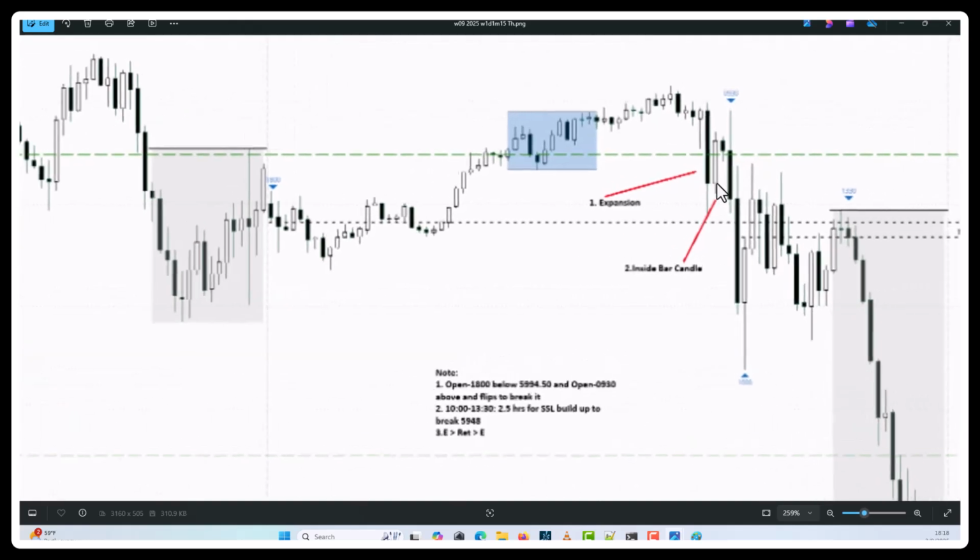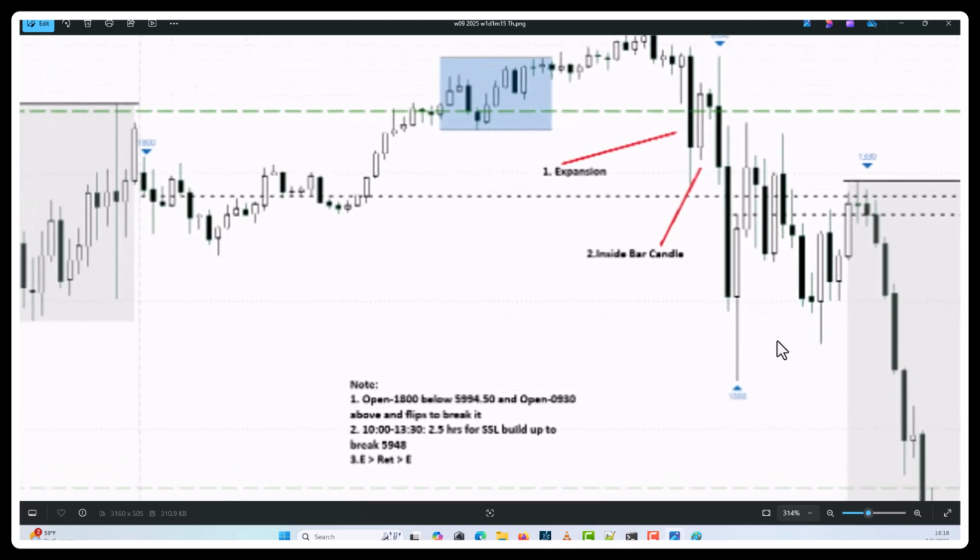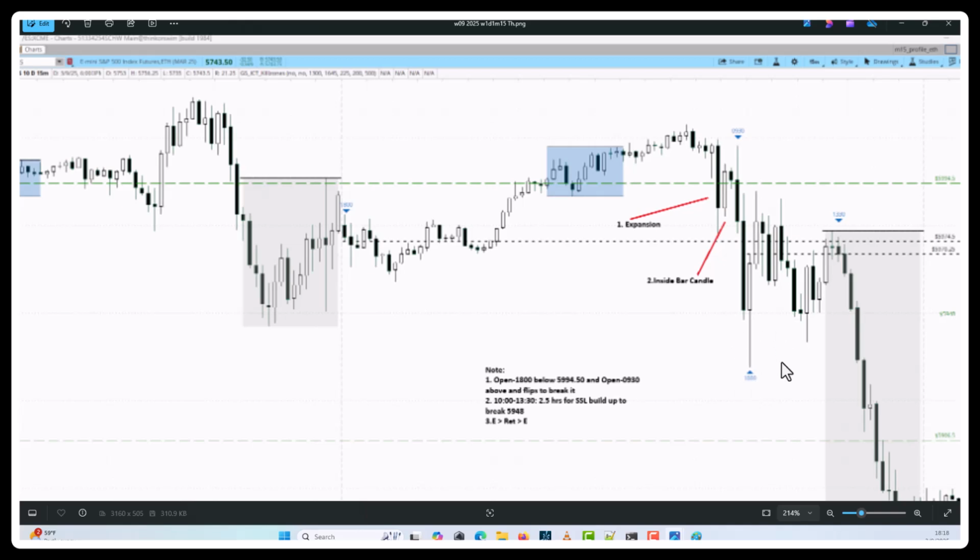And look at this phenomenal move right here at 9 o'clock. You see expansion, and then you see the inside bar right there, which tells us it's going to be the next leg down. And then it moved out, but at 10 o'clock right here, it does not have liquidity, sell side liquidity.